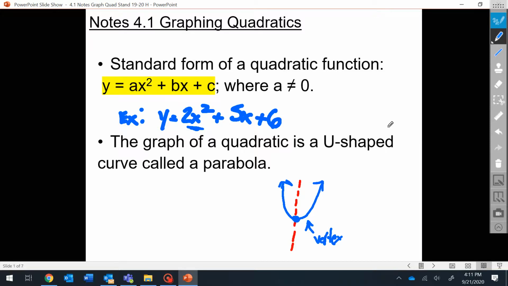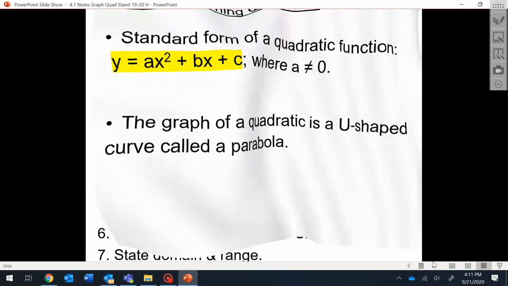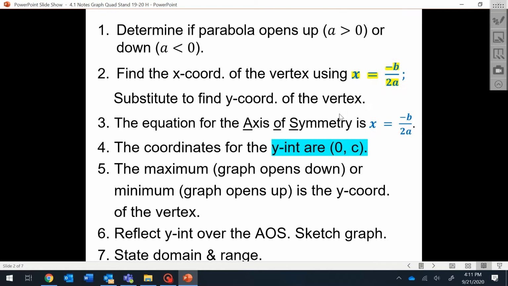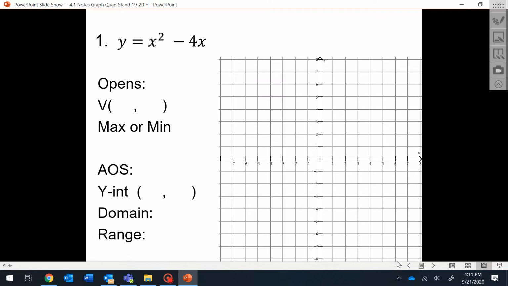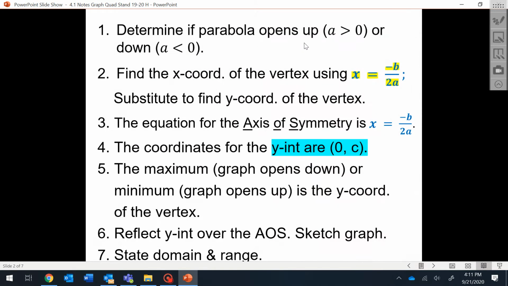Alright, let's take a look at how you would actually graph. So here are all the steps you need to take in order to graph a parabola. First you look at the a term, which is the coefficient of the x squared.